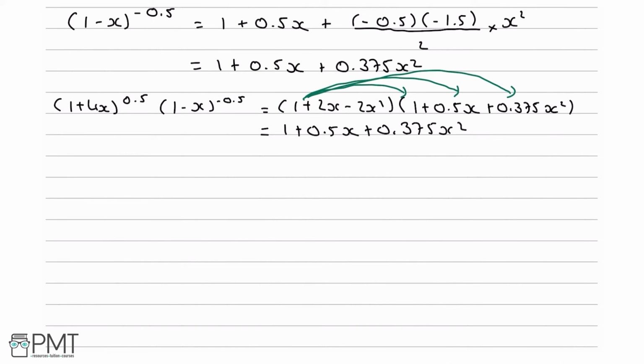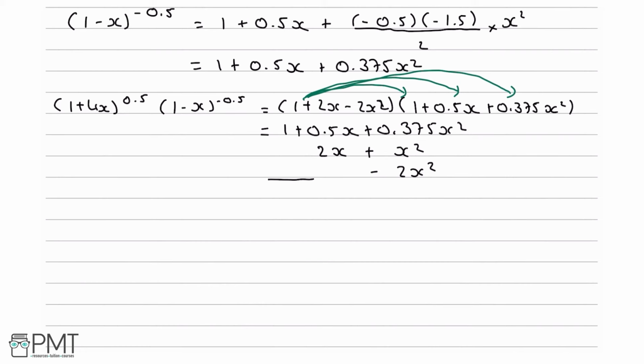And now we're just going to repeat this. So we've got 2x times 1, which is 2x. I'm going to write them under here just to keep the x's and the x squareds together. And then 2x times 0.5x is 2 times 0.5, so 1x squared. So plus x squared. And then the final step is to do minus 2x squared times 1, which is going to be minus 2x squared.